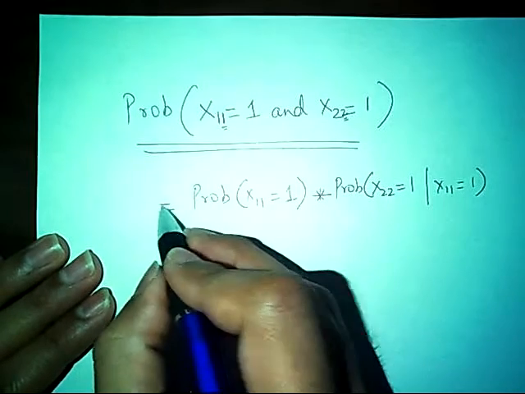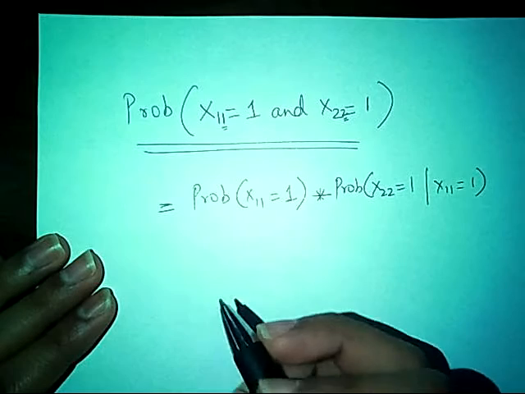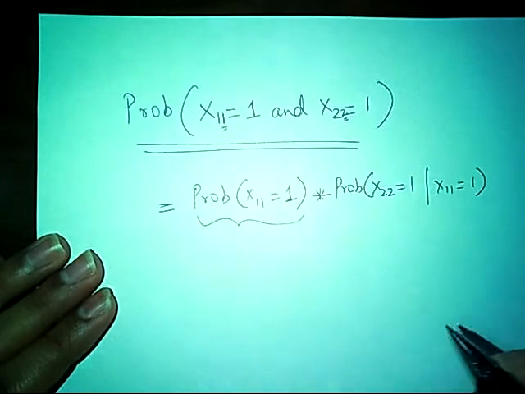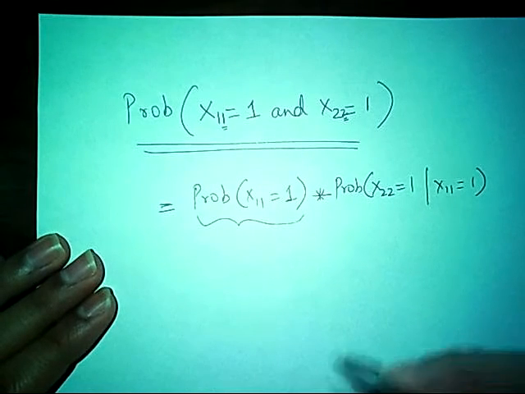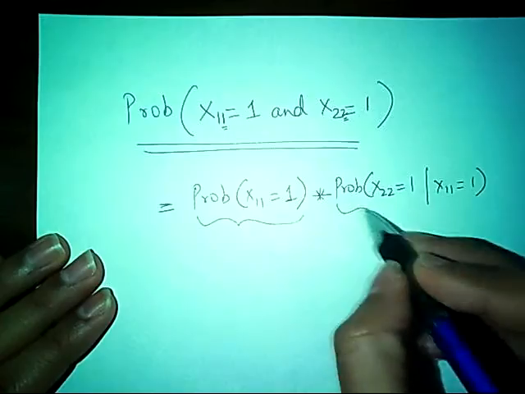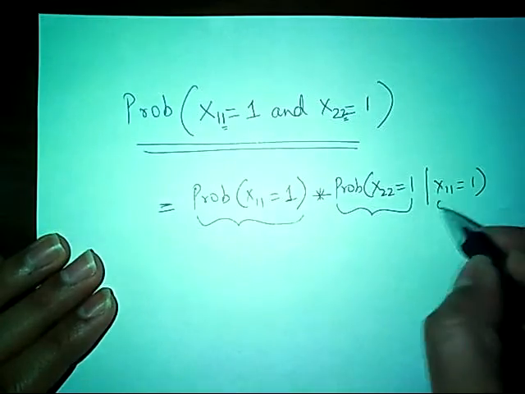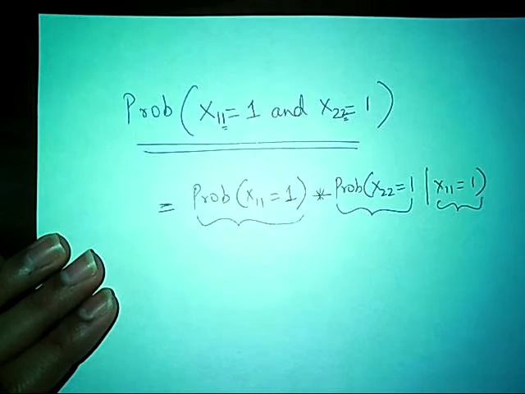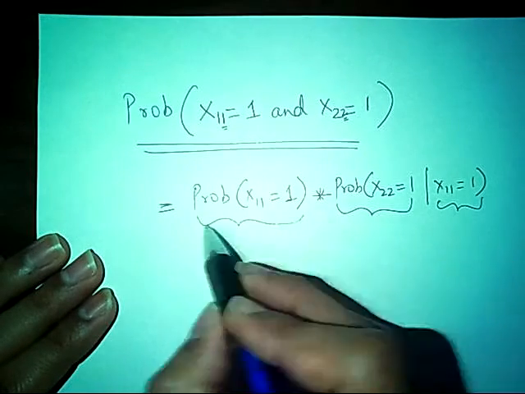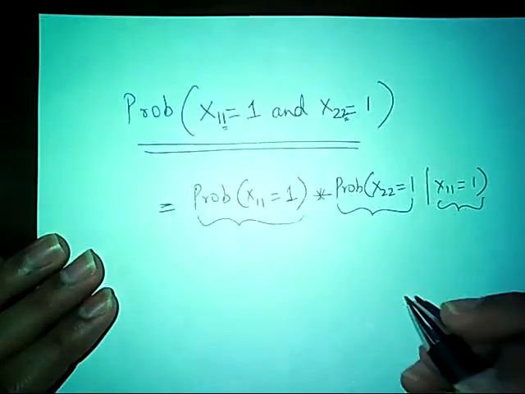You can think of it intuitively as assuming that this happened first, and then you want to calculate the probability that x22 would be 1, given that x11 already happened. So this together would give you the joint probability.